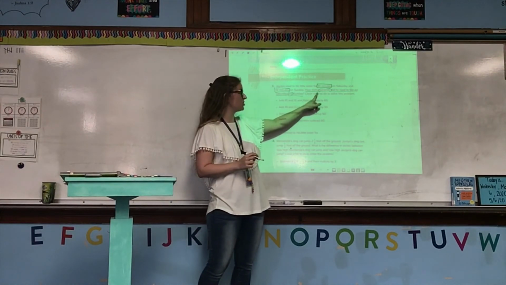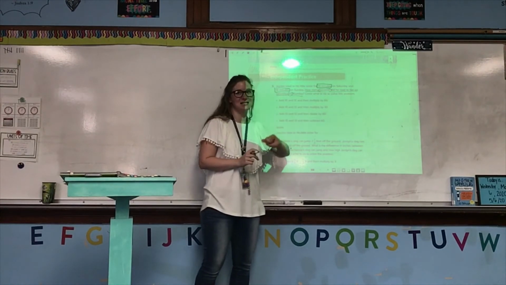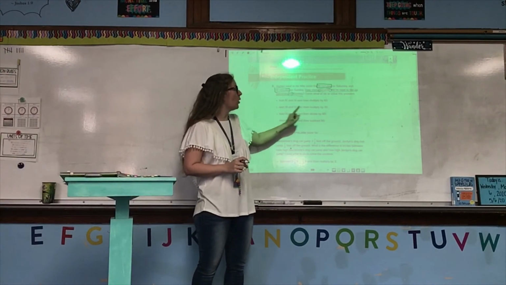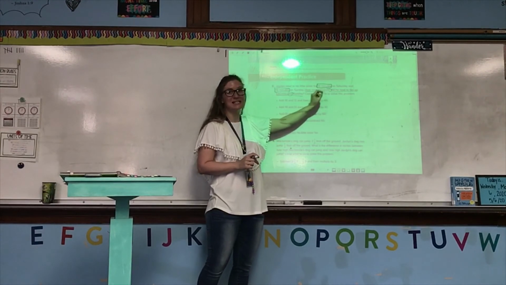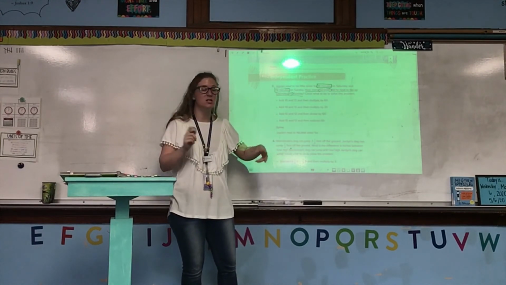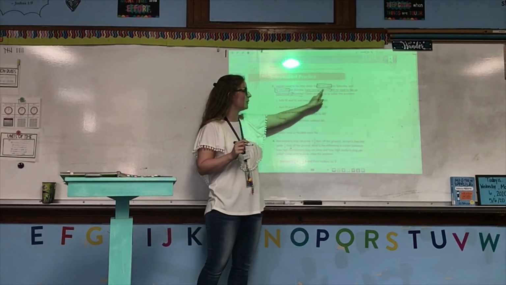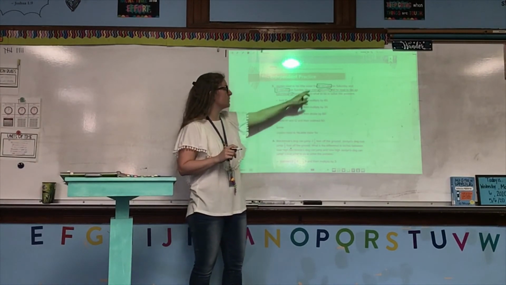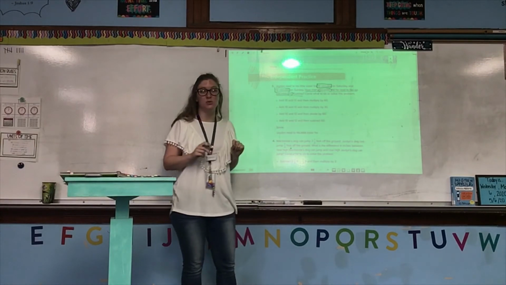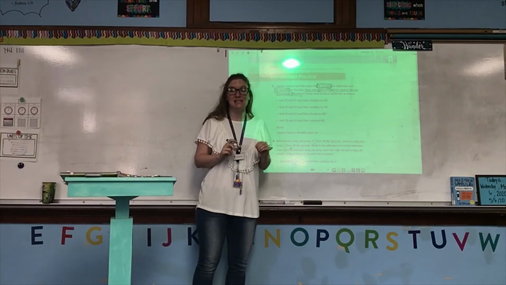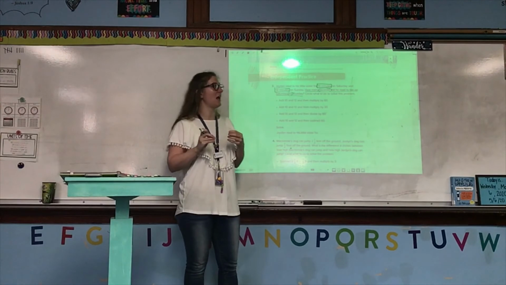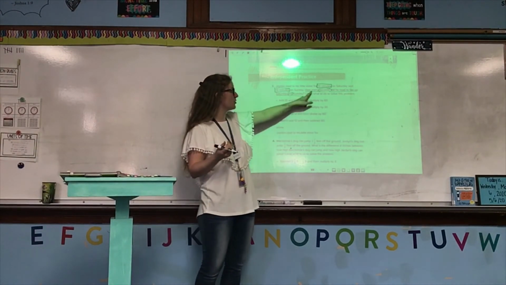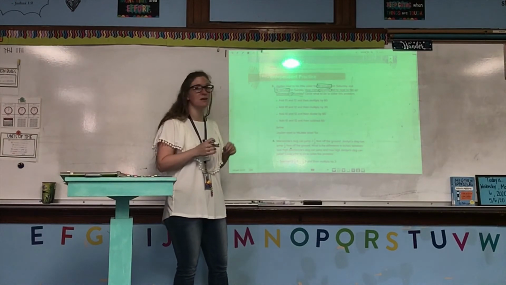But then the question says how many seconds did he read? So after we add 10 and 12 minutes, we have to convert it. Well, we know that minutes are bigger than seconds, so we're going to multiply. We're going to multiply whatever 10 plus 12 is by 60, because that's the number of seconds in a minute. And whatever that answer is, is the answer to our question.